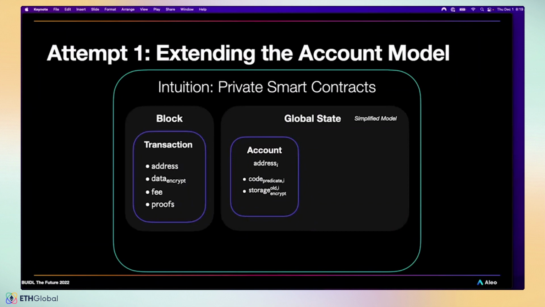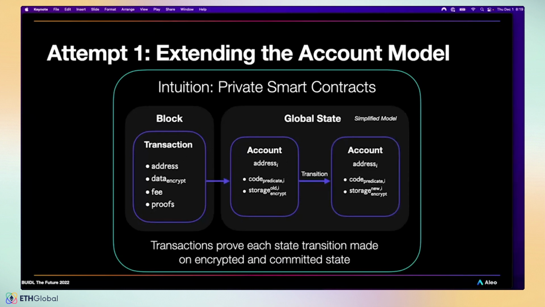Now, when the user submits a transaction, it submits the address it's interacting with, some encrypted data, a fee, and proofs. These transactions effectively prove that each state transition is made on encrypted and committed state. And if the network verifies these proofs and finds them to be correct, then the account state is transitioned into the new one. Note that storage is always encrypted, so we still have privacy here.